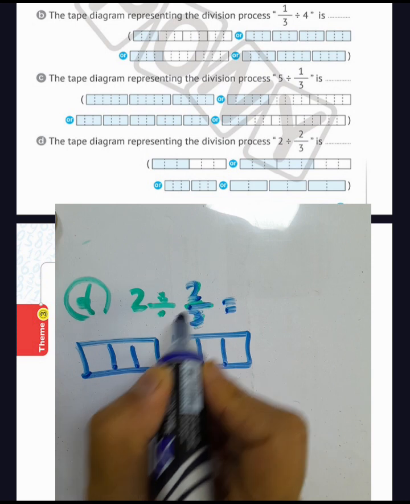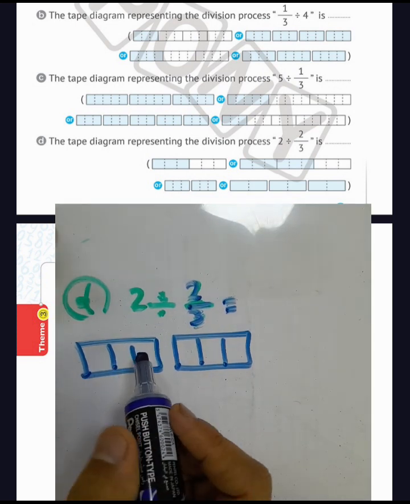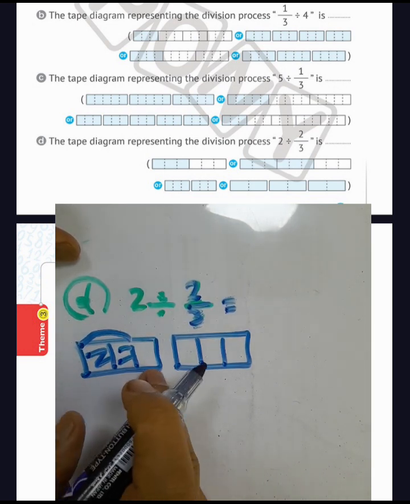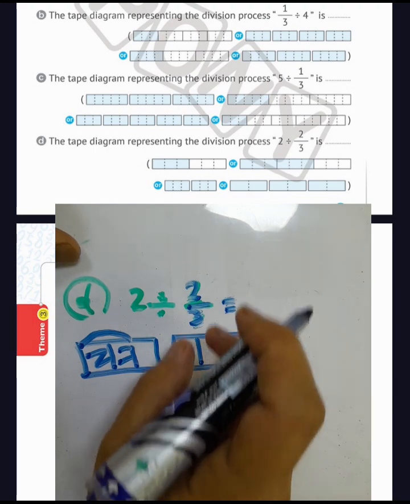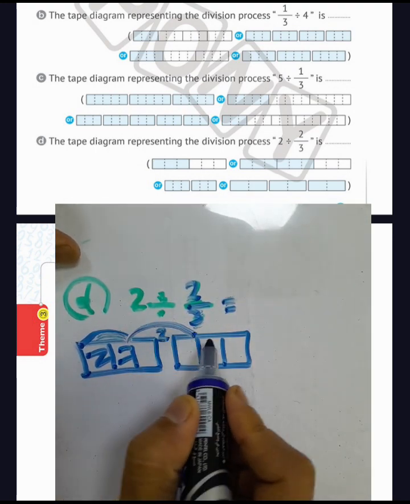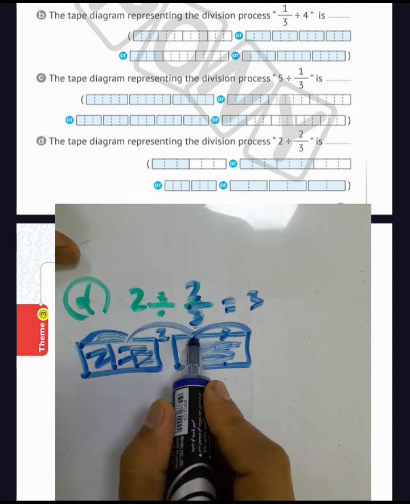Okay, and 2 over 3, how many here? It will be 1, because it was third and third and third and third and third and third. 2 thirds, it will be 1. Count with me, 2, 3. Then the result will be what? 3. Then the result will be 3.